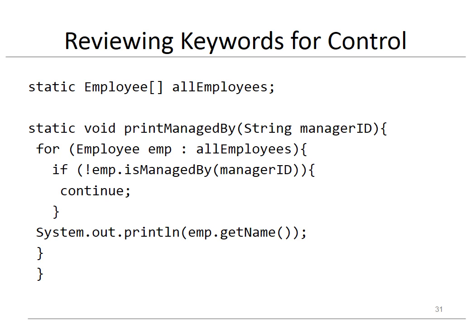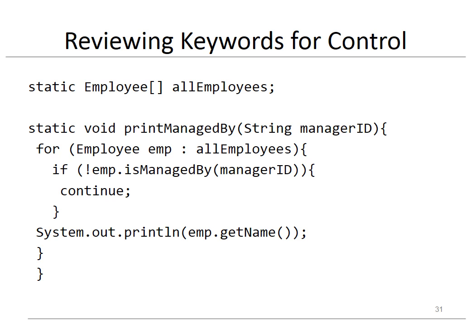The continue keyword is the softest interruption, as you can see illustrated here. The array all employees is an array of employee objects. Each employee object has a method isManagedBy to check if an ID value refers to the manager of that employee.